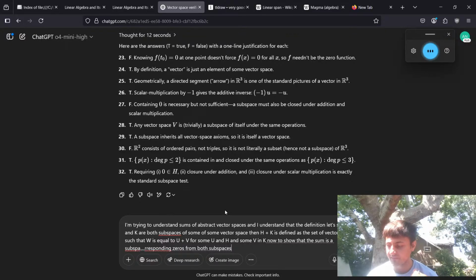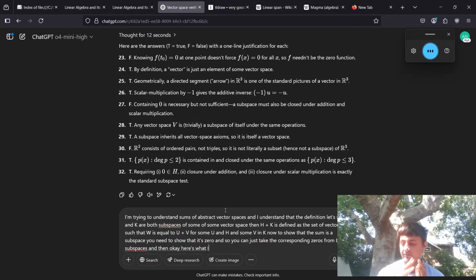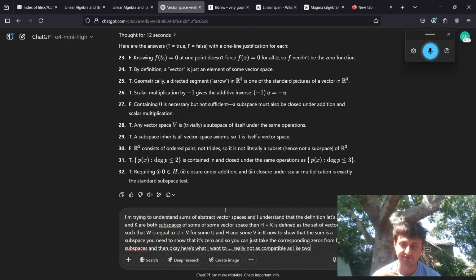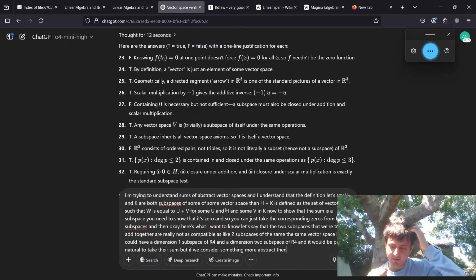But okay, here's what I want to know. Let's say that the two subspaces that we're trying to add together are really not as compatible as two subspaces of the same vector space. We could have a dimension 1 subspace of R^4 and a dimension 2 subspace of R^4, and it would be pretty natural to take their sum. But if we consider something more abstract, then how do you represent something?